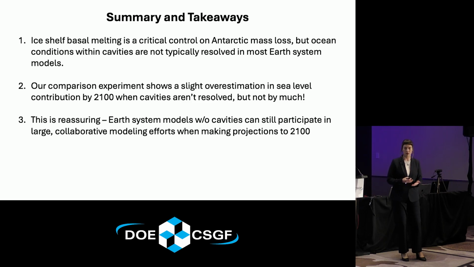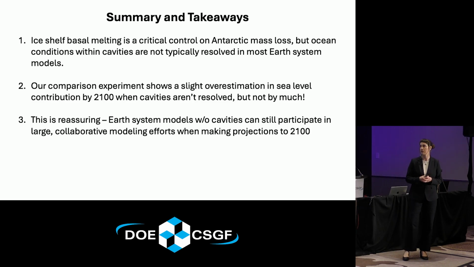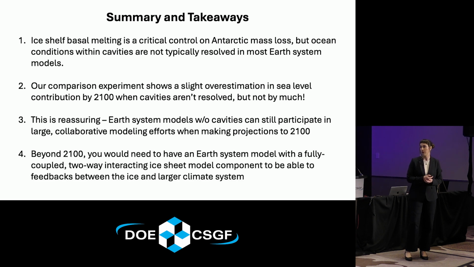Earth system models and ice sheet models that don't yet include cavity information, ocean information beneath these cavities, can still participate in these large collaborative modeling efforts if you're making projections to 2100, right? But you would definitely need a two-way interacting ice sheet model component within a full Earth system model if you wanted to actually capture those feedbacks between the ice and the larger climate system.